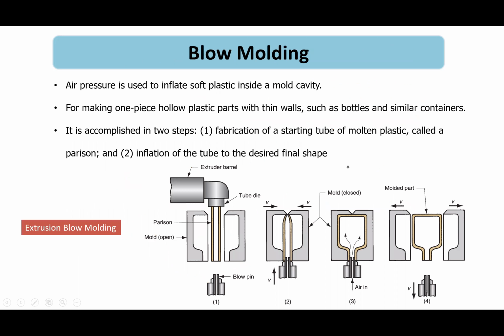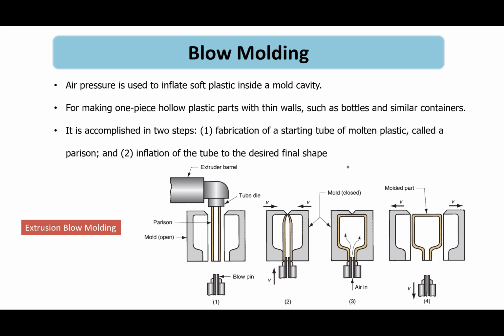All right, next one is the blow molding. This molding method is mostly used for producing a single part, like a single bottle for beverages or drinks. We use these kinds of bottles for transporting or carrying them, and storage bottles can also be made using this blow molding method.